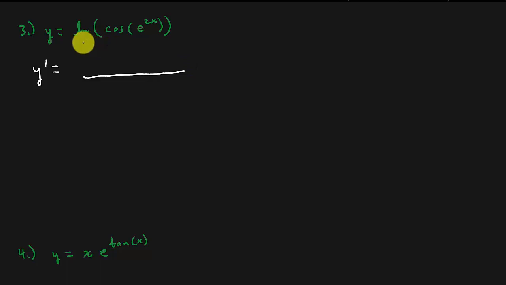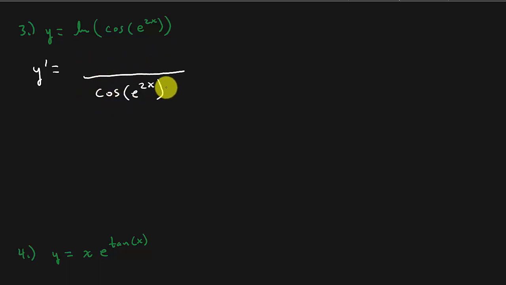Do you remember what the derivative of natural log is? Whatever you're taking the natural log of goes in the denominator. And then what goes in the numerator? The derivative of what you're taking the natural log of.